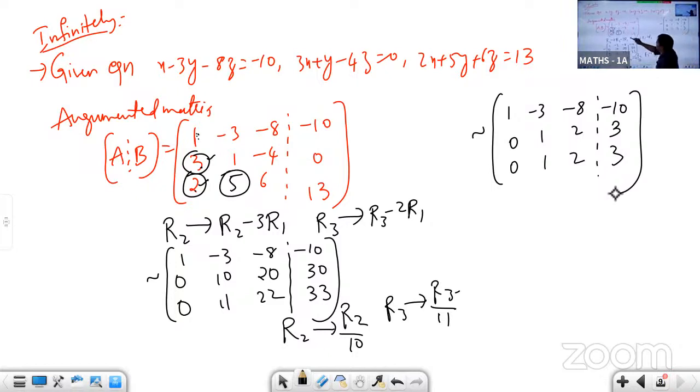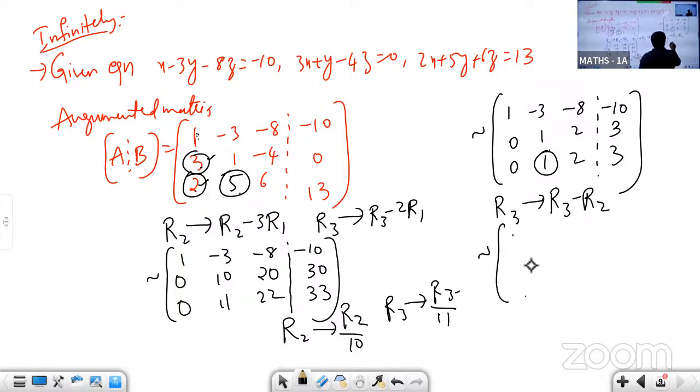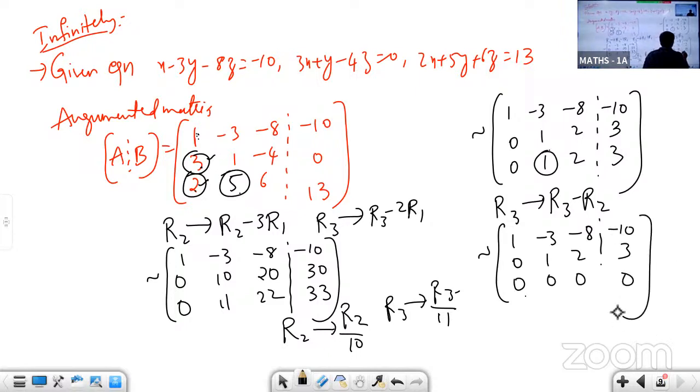Next, this position you are going to make 0. For that, R3 tends to R3 minus R2. That is 1, minus 3, minus 8, minus 10; 0, 1, 2, 3. Here everything I am getting is zeros.